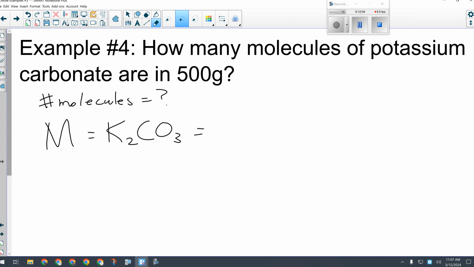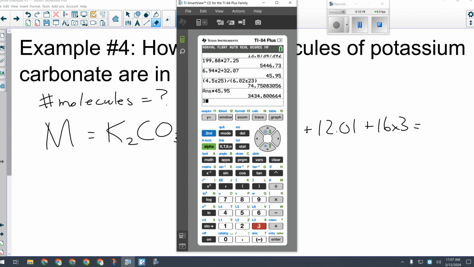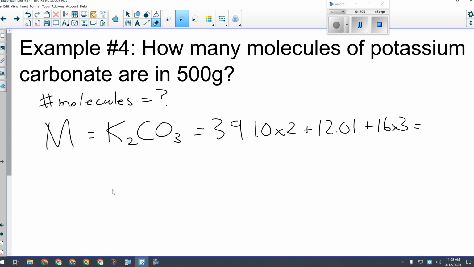Right, so that is going to be 39.10 times 2 plus 12.01 plus 16 times 3. 39.1 times 2 plus 12.01 plus 48. Okay, 138.21 grams per mole.